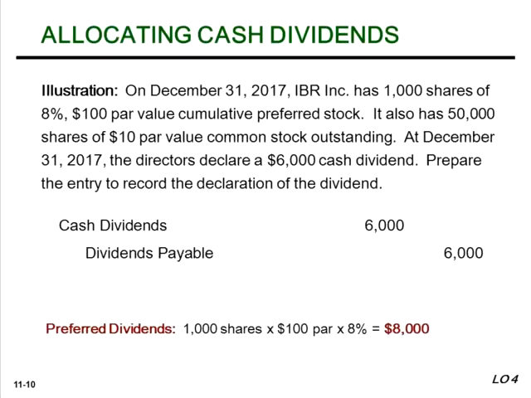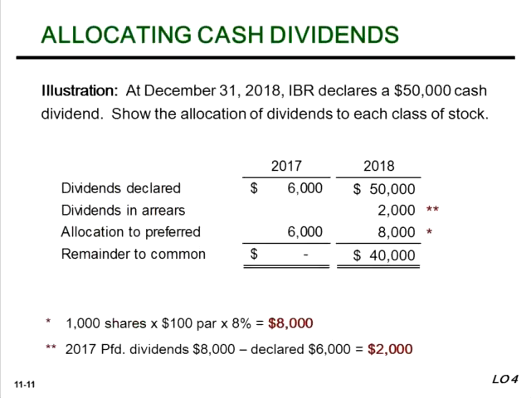There is a cumulative feature. So then in the next accounting period, in order for the common shareholders to get anything, the preferred shareholders will have to get the $2,000 that's owed to them plus the current year dividend of $8,000.